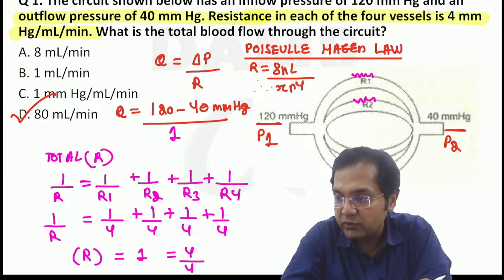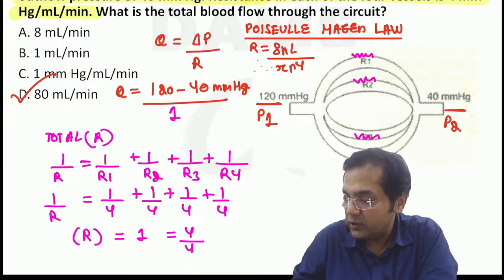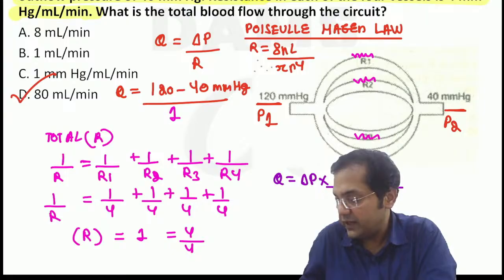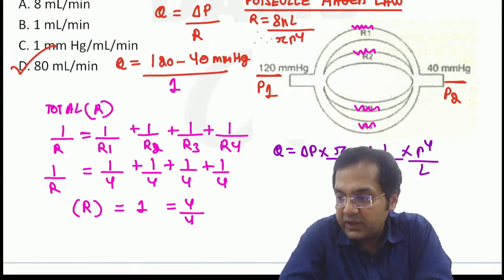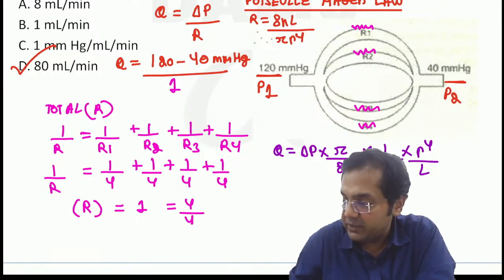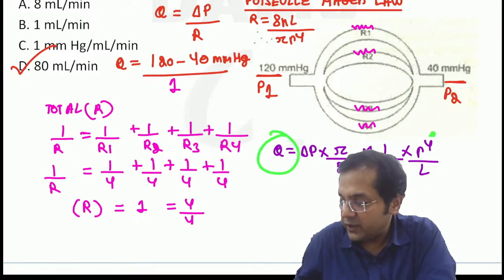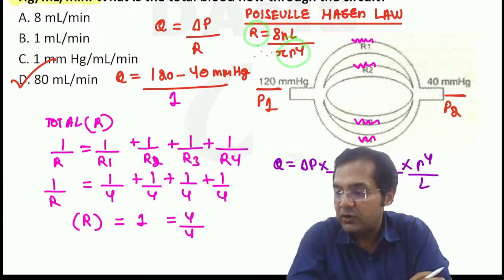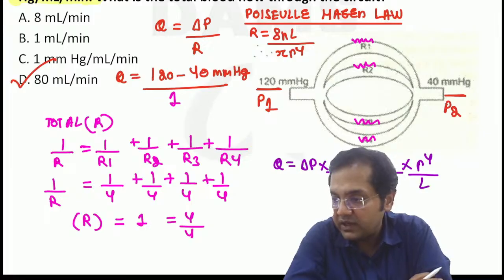This is the Poiseuille-Hagen law, which can also be written as Q is equal to delta P into pi by 8 into 1 by eta into R4 upon L. Generally in the exam they are only asking you what is the relationship between blood flow and radius. Kindly remember, blood flow is related to the fourth power of radius, and resistance is inverse to the fourth power of radius, right? This is the maximum they have asked in the previous questions as well, right?